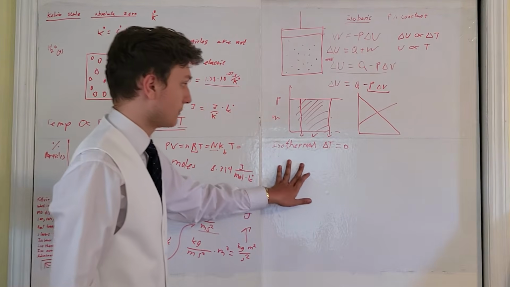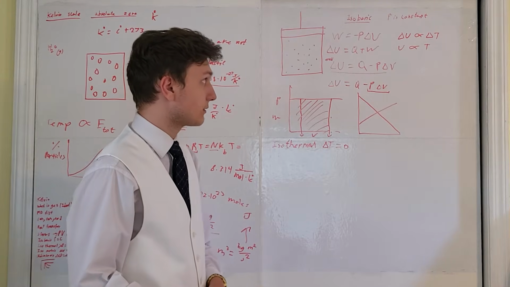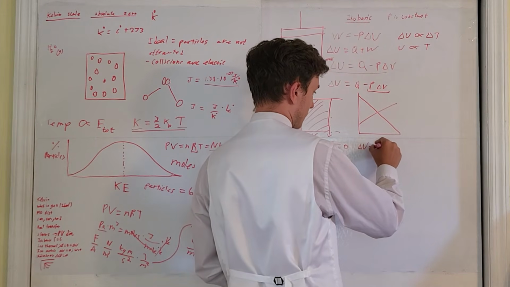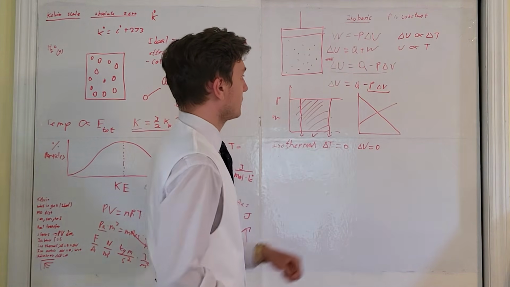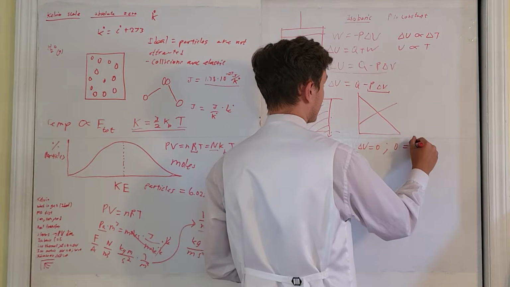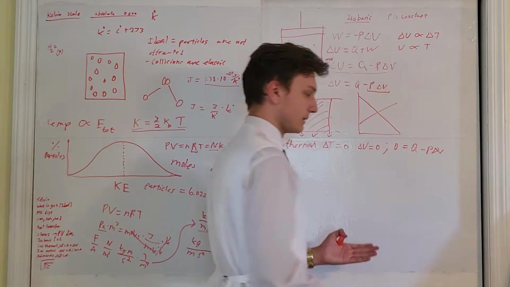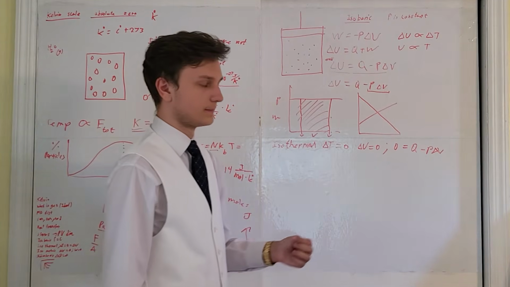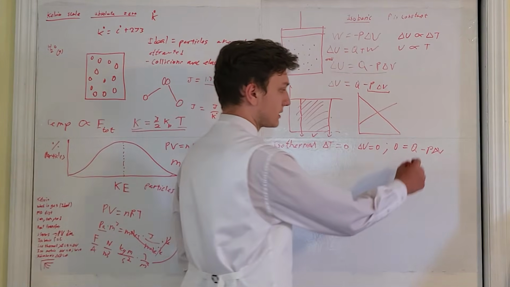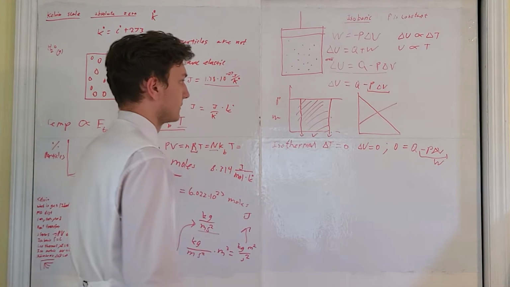Therefore, isothermal, given this relationship, says that if our change in temperature is 0, our change in internal energy is also 0. So when we pull down this equation, we say that 0, our change in internal energy, equals Q minus P delta V. But be careful, because in an isothermal process, you probably won't have constant pressure. Therefore, this term, the work, can only be determined with area under the curve.